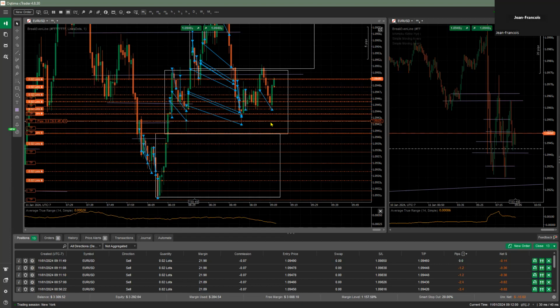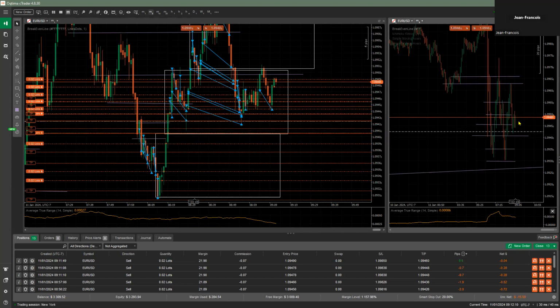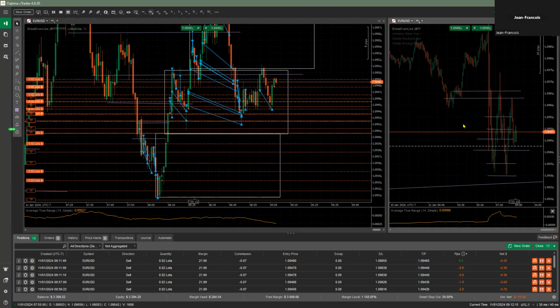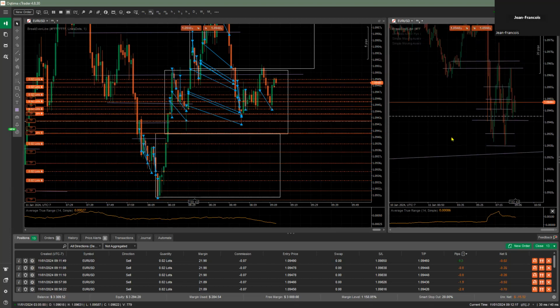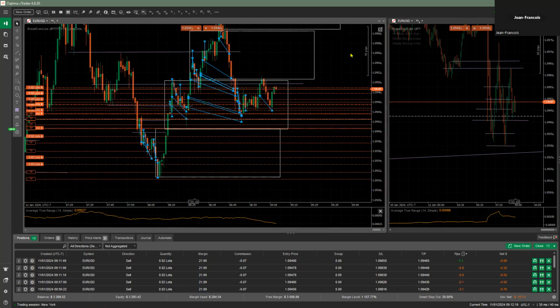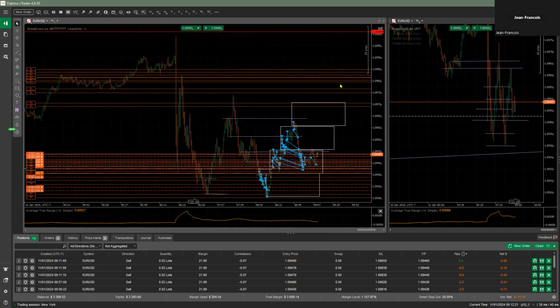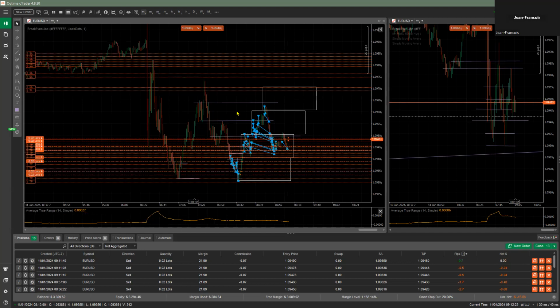And so the outcome of all of this is that we would expect sometime in the future a lower low, right? Because we are making lower highs and lower lows. So the expectation is that should continue unless some catalyst comes along and changes everything.